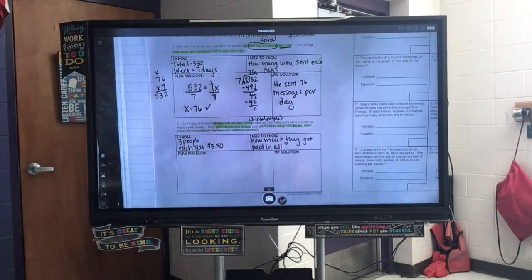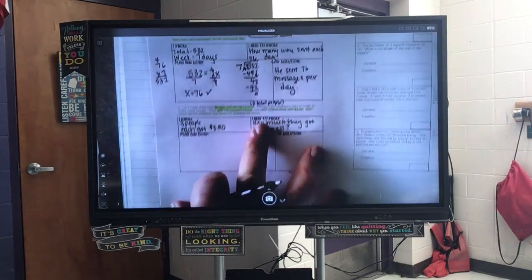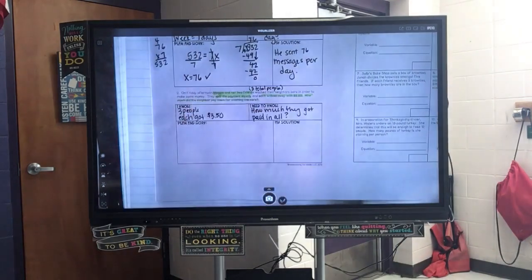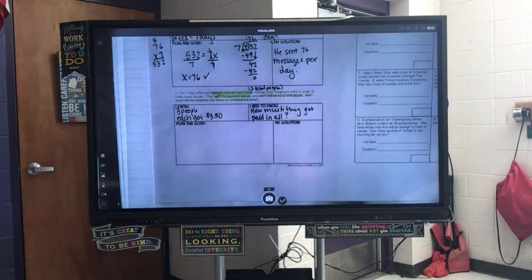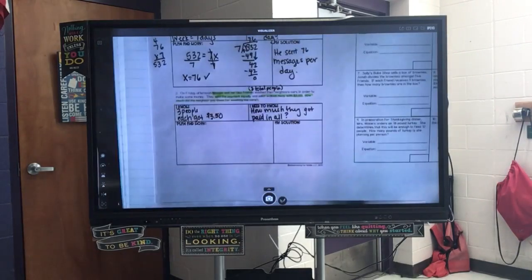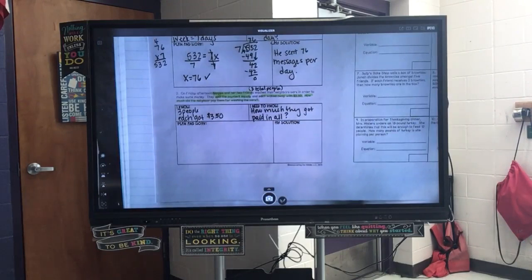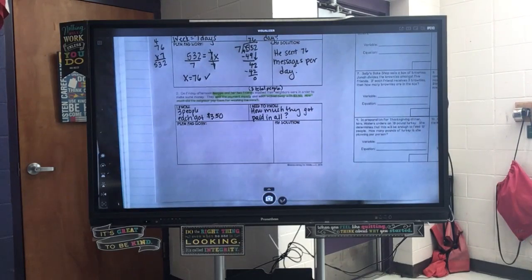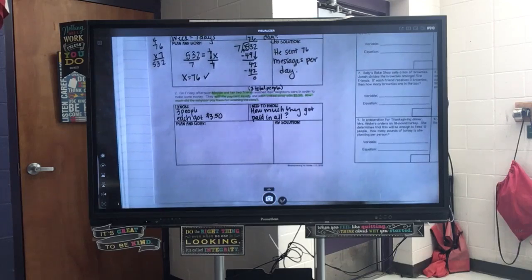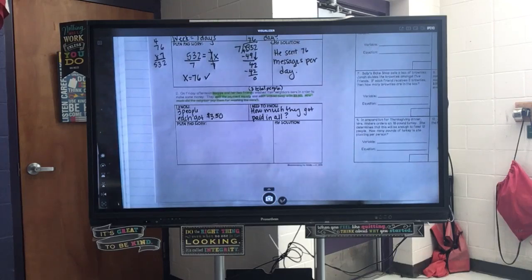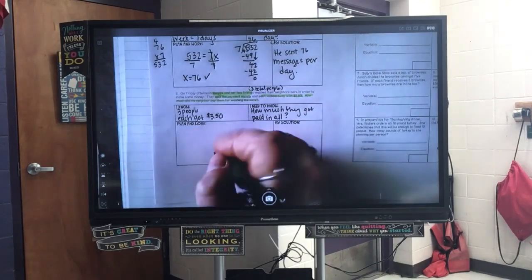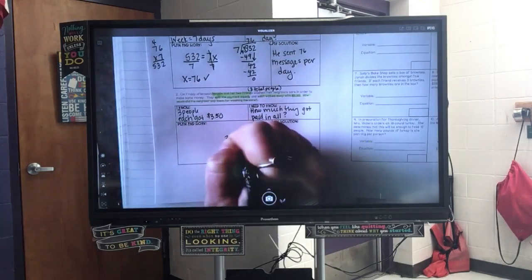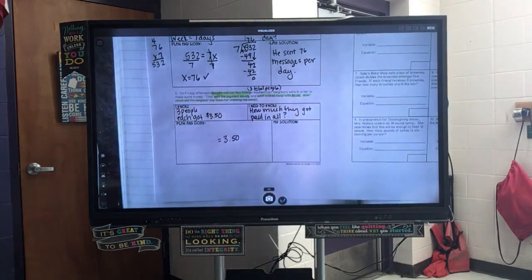All right, so the total is what? What is our total? Do we know? Are you sure? Do we know how much they got paid each? Yes. Okay, so that is our total.